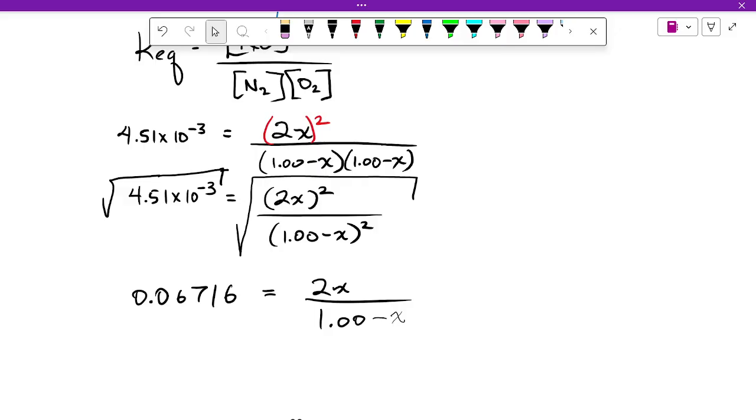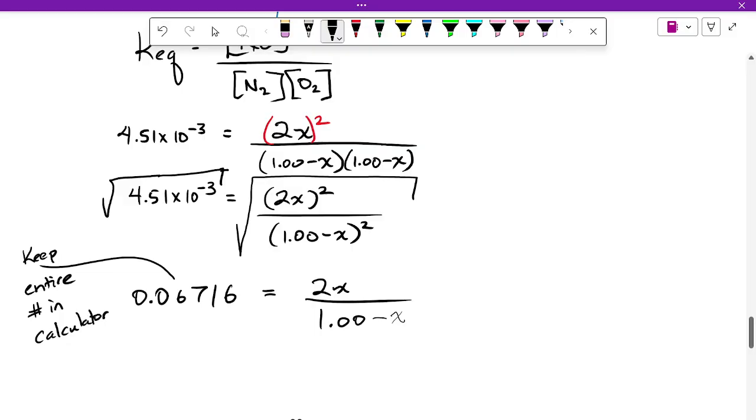How do you know the 6 squared? How do I know? I don't. I'm going to keep the entire number in my calculator. Keep entire number in calculator. I will often write down, now in the end, I'm going to need 3 sig figs. Yes, in the end, I will need 3 sig figs.